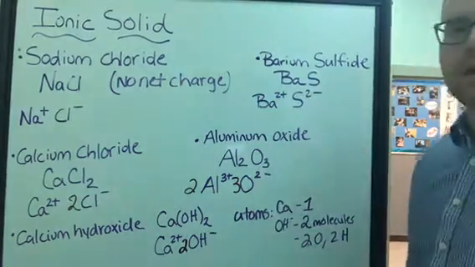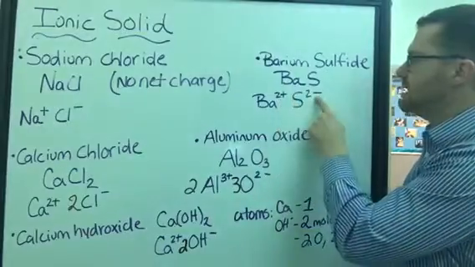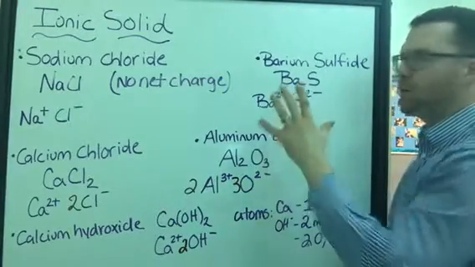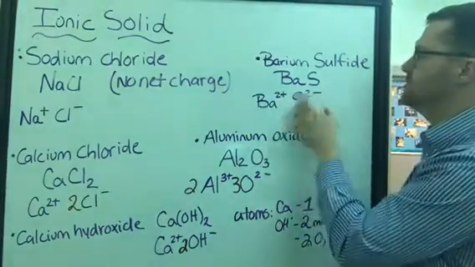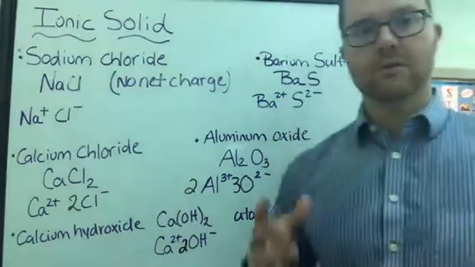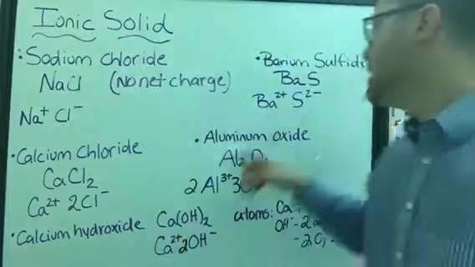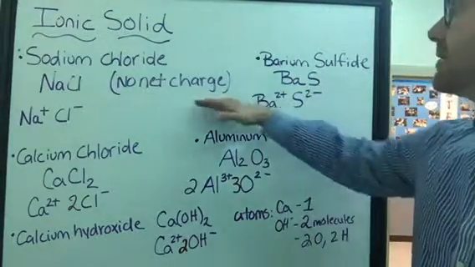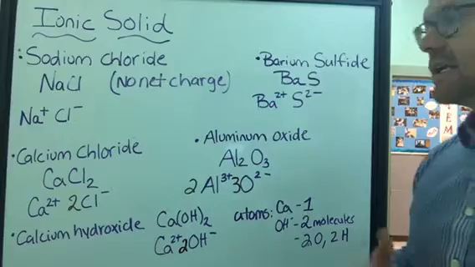Check me on that one. So we would have a 2+ and a 2- here. And what I want you to see is that the 2+ and the 2- balance each other out. So to get the charges, remember we go to the groups on the periodic table, and they should balance themselves out in an ionic solid.